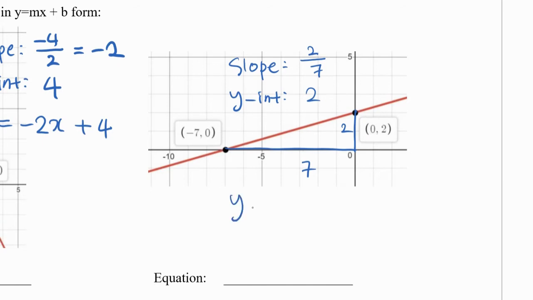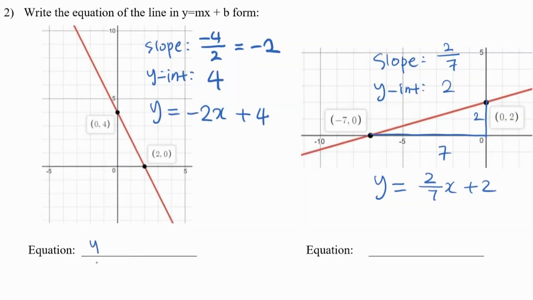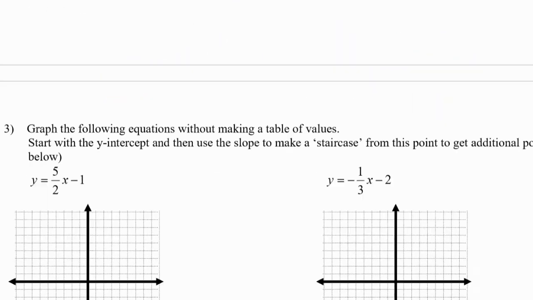And the equation should be y equals 2 over 7 x plus 2. Oh, there's actually space that I can write the equation. Okay, move on to the next question.